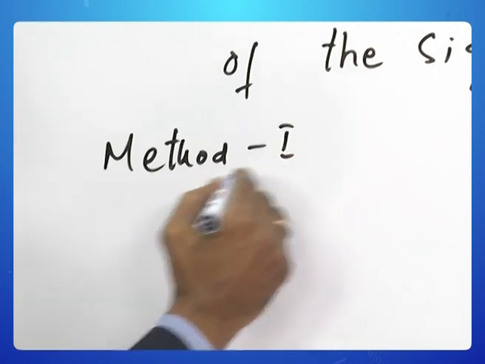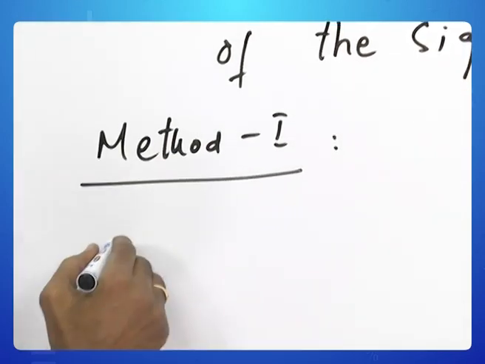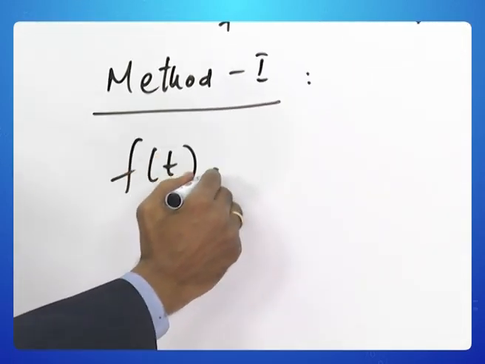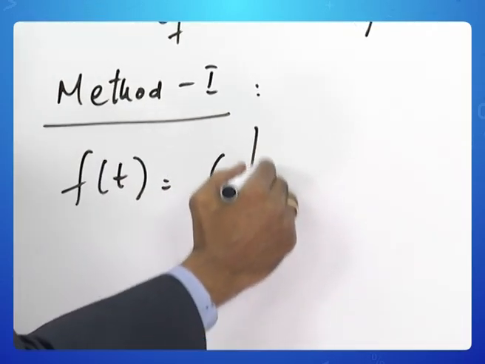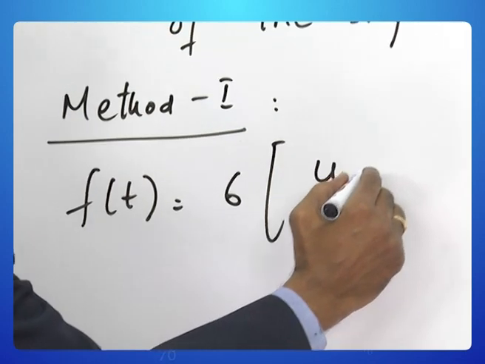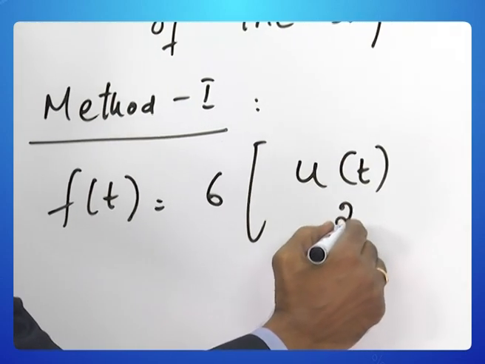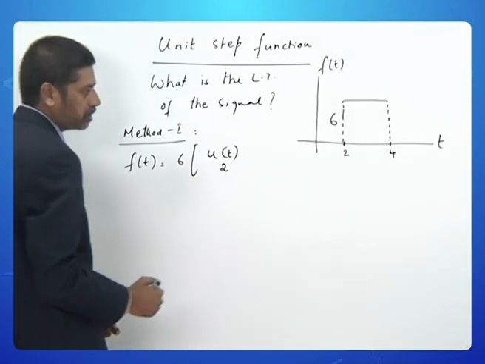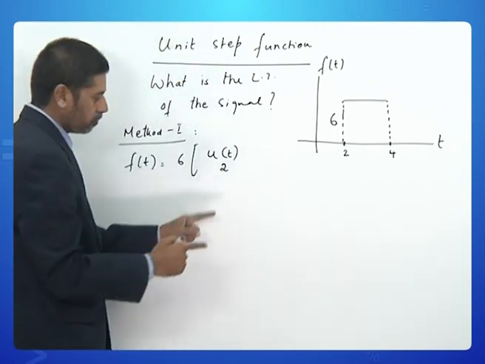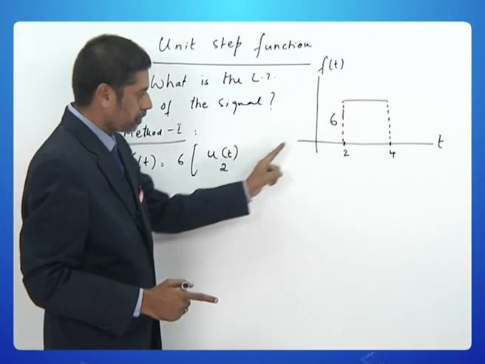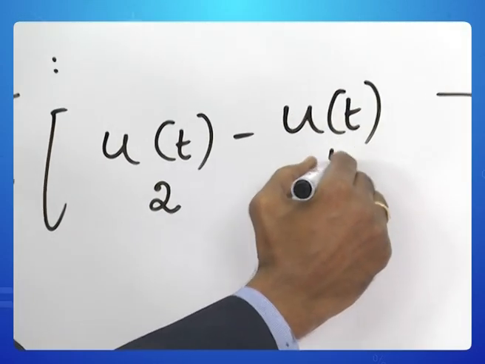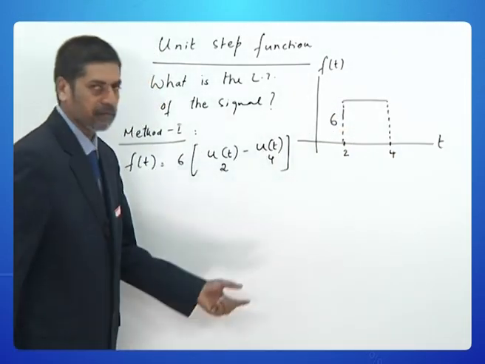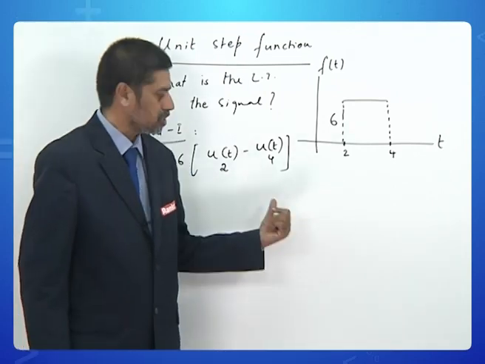Method 1: we can write f of t as, the amplitude is 6, so 6 times u2(t), the unit step function with discontinuity at 2, minus u4(t). I think the student can very easily understand how this has come.